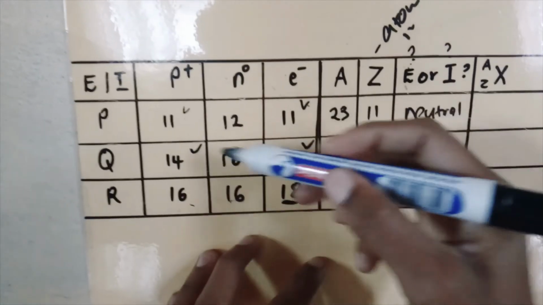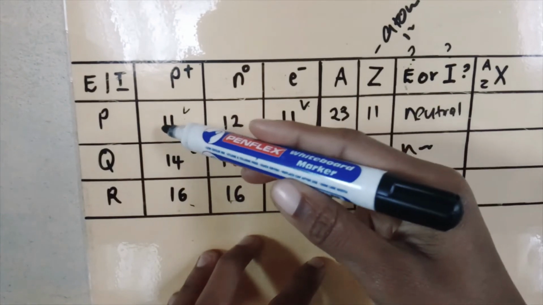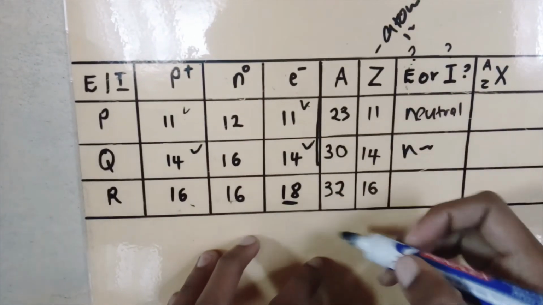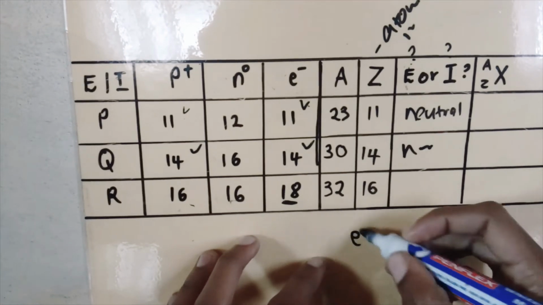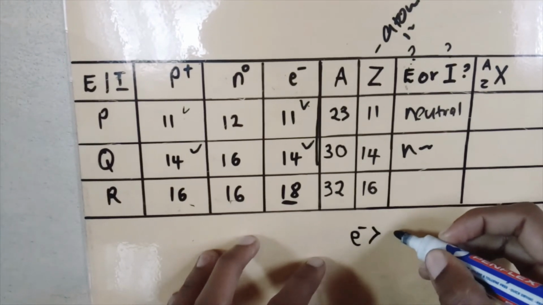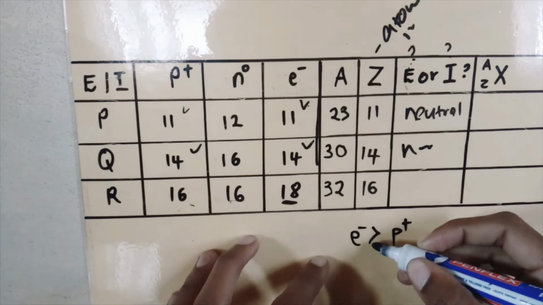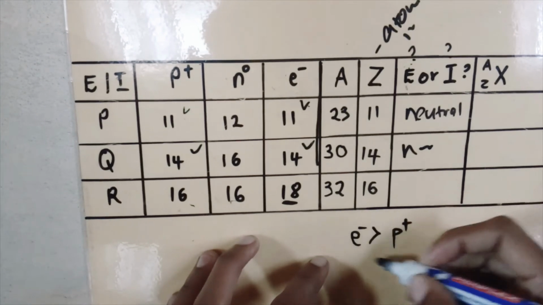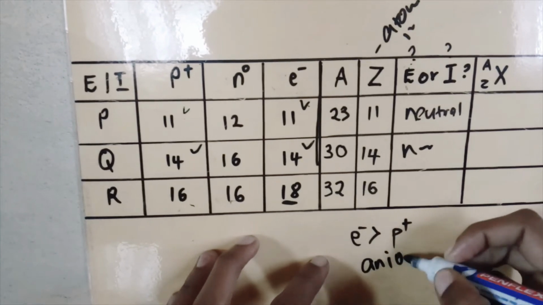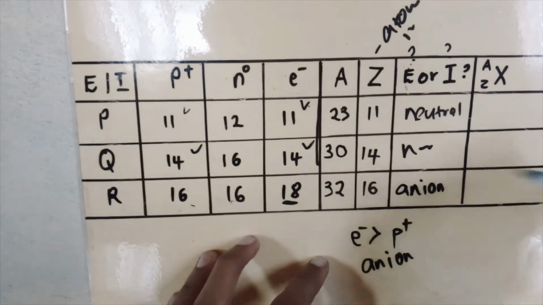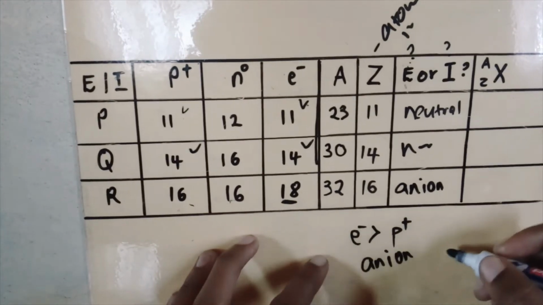So here, for these two, the number of electrons and protons are equal, so they are neutral. For this one, we see that electrons are much greater than protons. We've said if the number of electrons is greater than the number of protons, this is an ion. But then how many electrons did it gain?